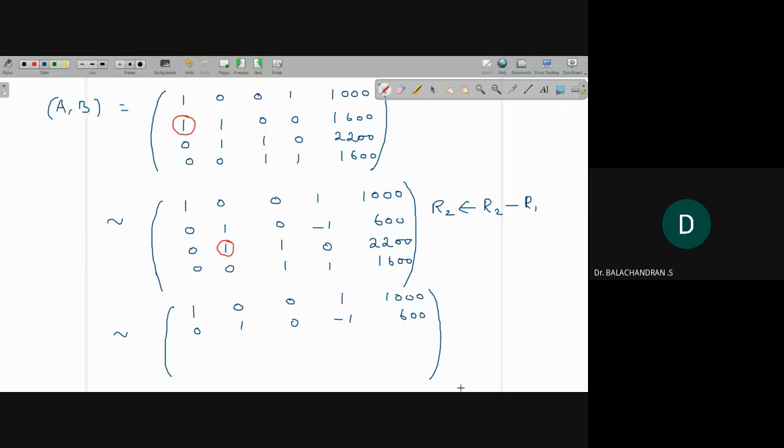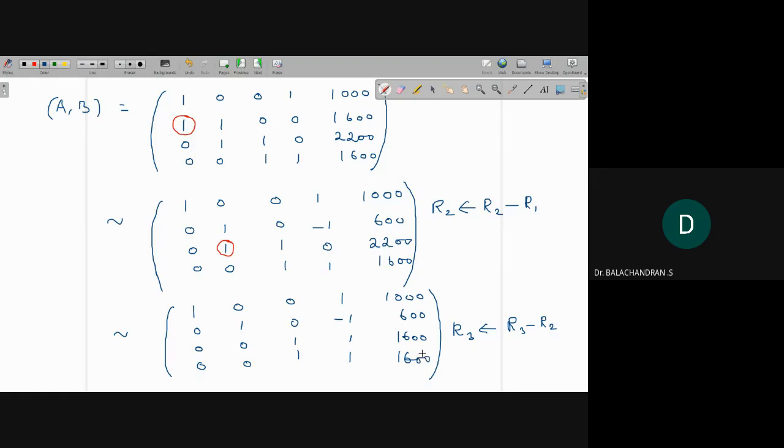Third row, in place of R3, what we need to do? R3 minus R2. So we'll get 0, 0, 1, plus 1, and 2200 minus 600 is 1600. So the last row as it is, 0, 0, 1, 1, 1600.